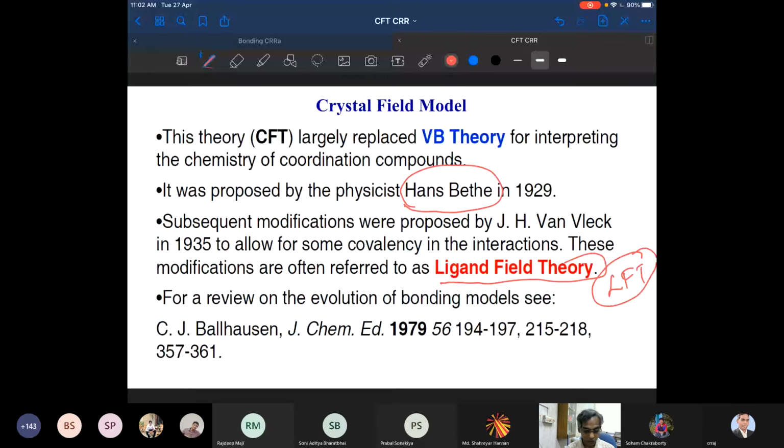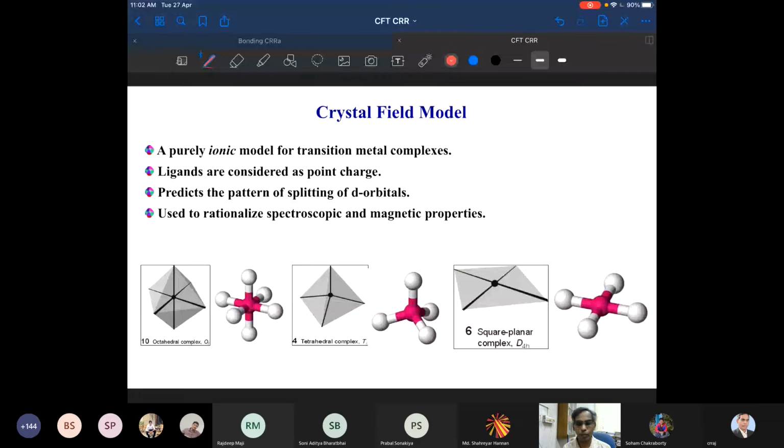Now, what we have here is the basic fundamental. I think you should have studied already, but I should explain very briefly. It's a purely ionic model. The crystal field theory is not providing an explanation for bonding, but it simply talks about your color and the magnetic property.